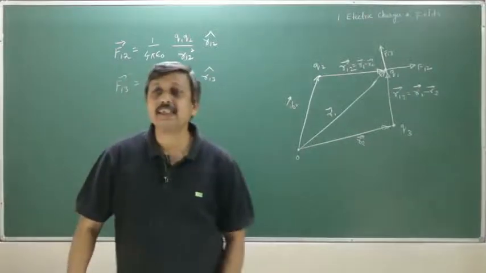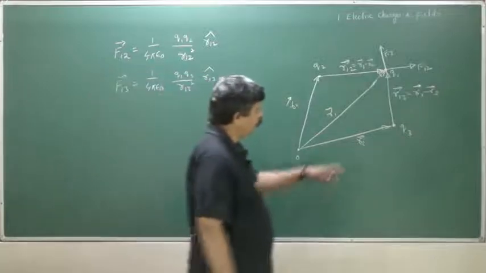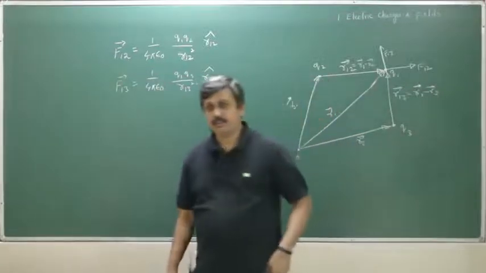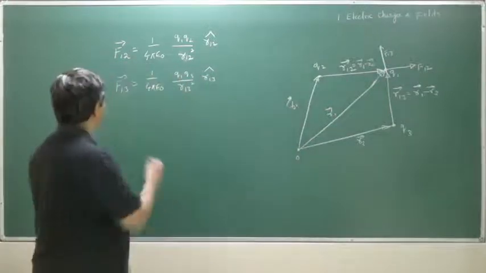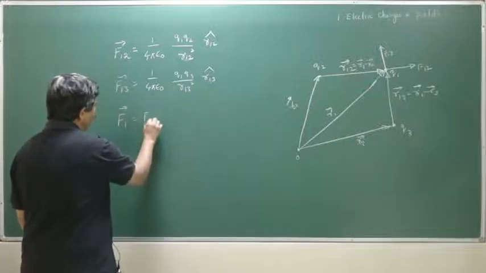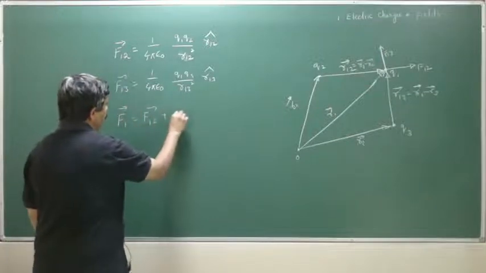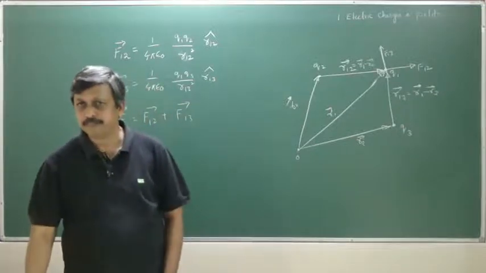So this is the force on q1 due to q3. Now if I want to find the total force on q1, we will say F1, the total force on q1 is equal to F12 plus F13.